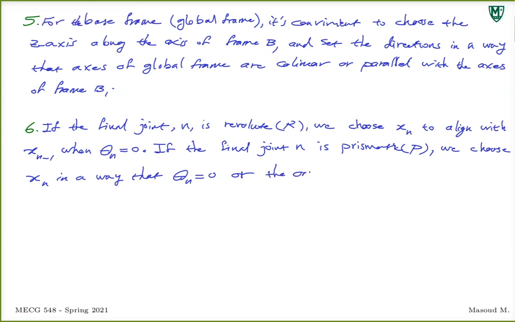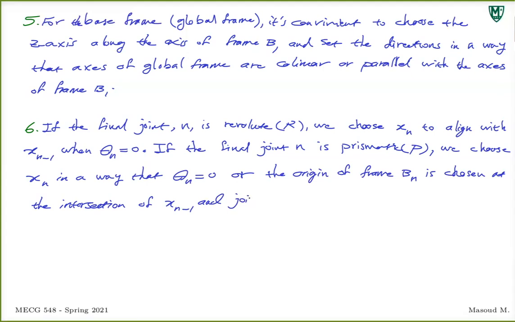The origin of frame Bn, the last frame, is chosen at the intersection of xn minus 1 and joint axis n, so that dn is equal to 0.